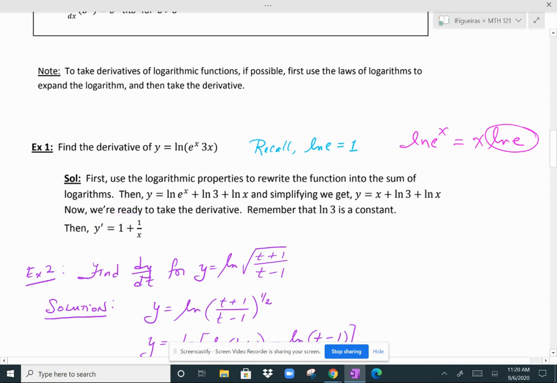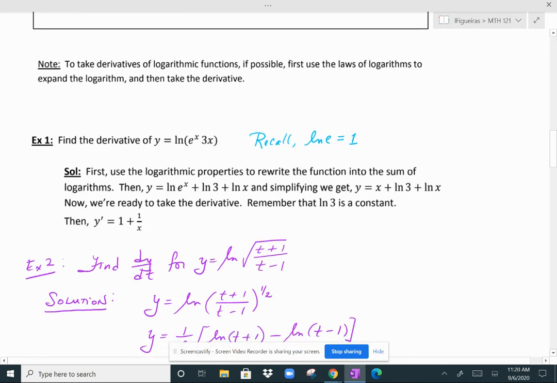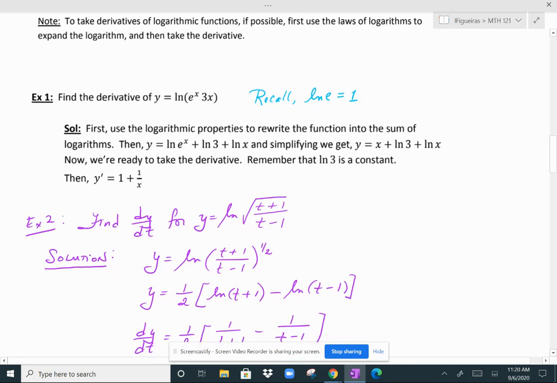All right, so we're going to do another one here where we are again going to use our logarithmic laws to expand it first. So I want to find dy dt for y equal to ln of the square root of t plus 1 over t minus 1. So first let's discuss what you would have to do if I left it exactly like this.